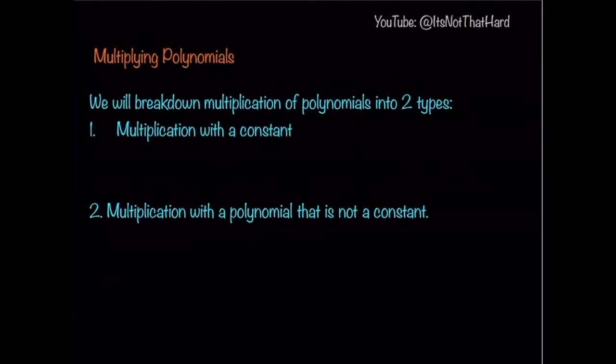So for example, just very generally, if I wanted to multiply a polynomial, I'm going to call my constant a. So I'm going to be multiplying my polynomial with a constant called a, for example. I am multiplying that with the polynomial x squared plus x plus 1. Now, what I'm going to do in this case is something similar to what I did with the minus sign before. I am going to multiply each of these terms with a.